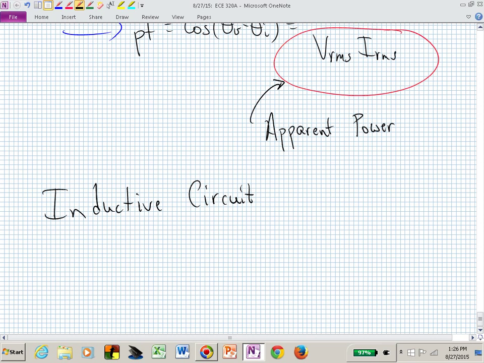I mean, it has a real piece and a reactive piece, or an imaginary piece, or a complex piece. But now, what do you know about the current and voltage in that inductive circuit? How are they related? If it was purely inductive, how are they related? The current is off the voltage by 90 degrees in a pure inductive.